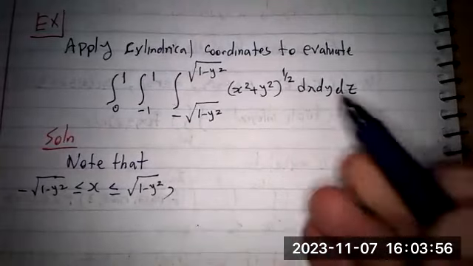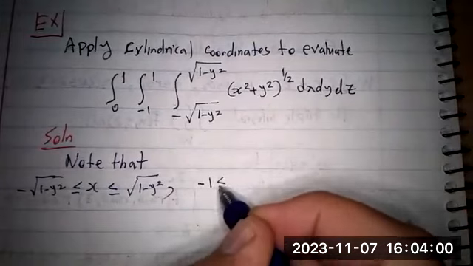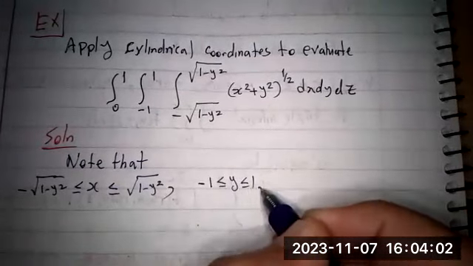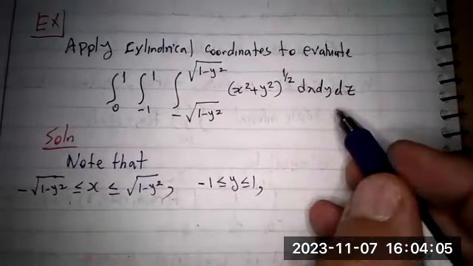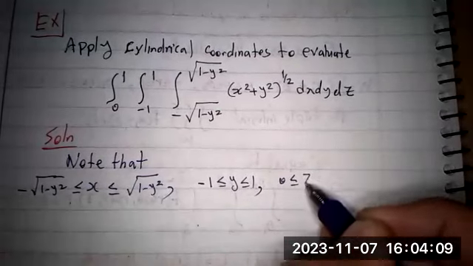That is x. Then I do the y. So my y is between negative 1 and 1. Then I have the z. The z is between 0 and 1.